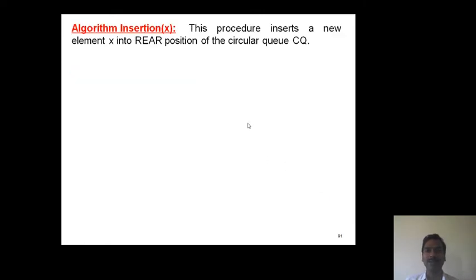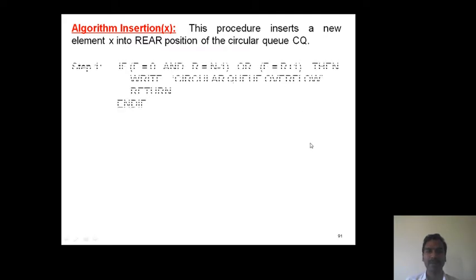First one, insertion operation. Algorithm insertion of X. This procedure is used to insert a new element X at the rear position of the circular queue. First we check whether the circular queue is overflow or not.